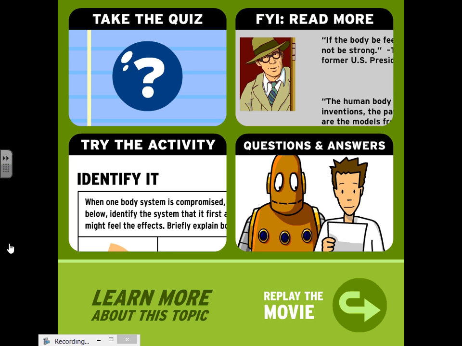So again, starting from the smallest living thing, which is a cell. Cells all come together to form tissue. Tissues build together to make organs. Organs together we get organ systems, which is what we're learning about today.